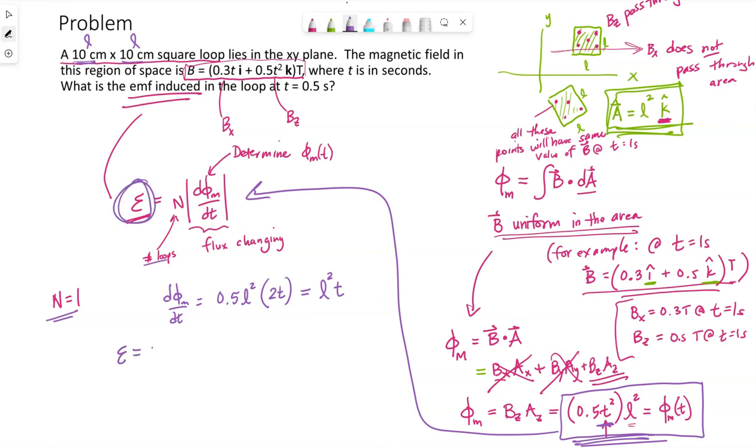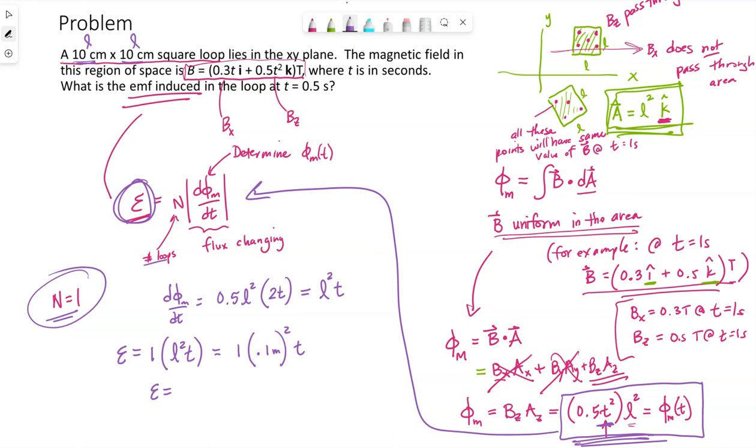Writing out Faraday's law, we have one loop, so n equals 1. The derivative of our flux we have found, L is 0.1 meters. That needs to be squared. We still have t in here. And so this EMF is going to still be changing with time.